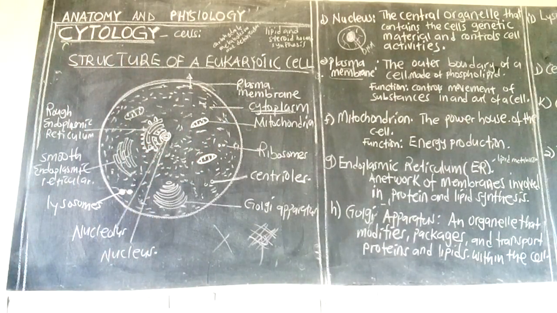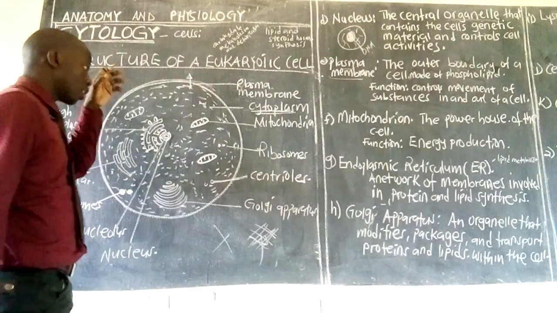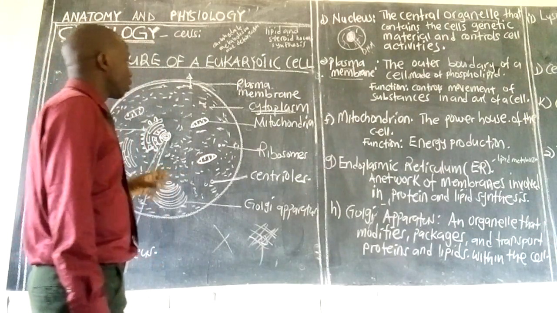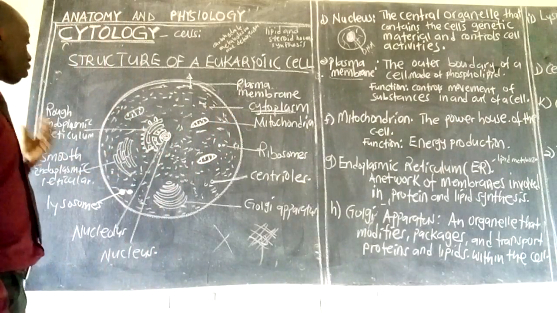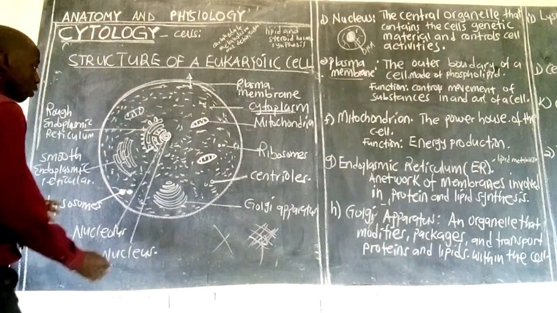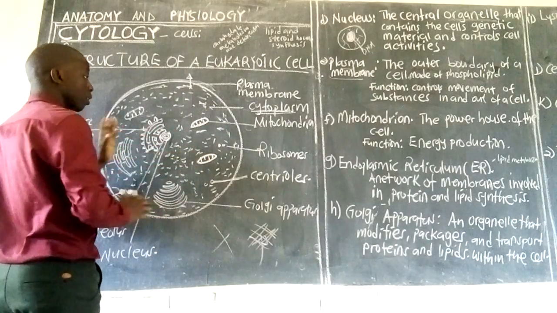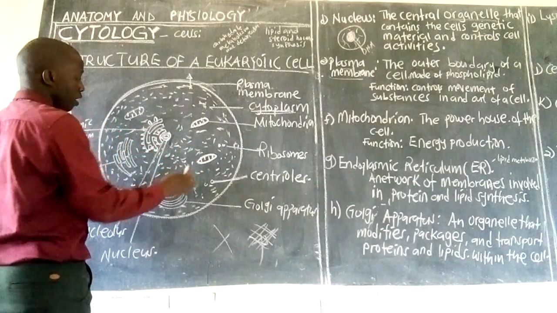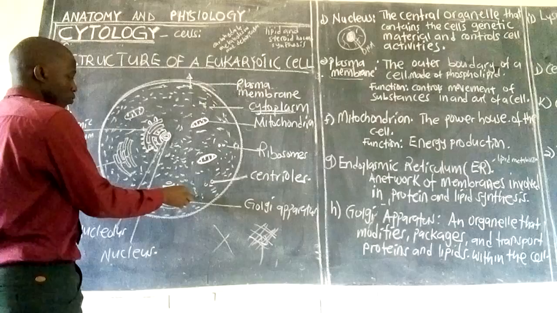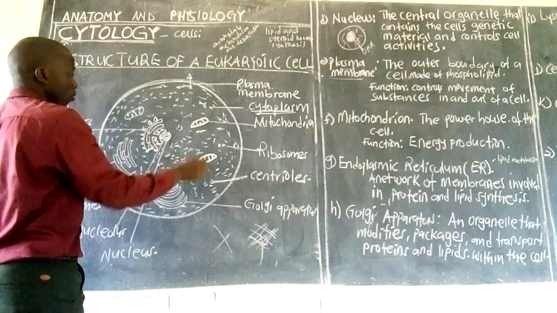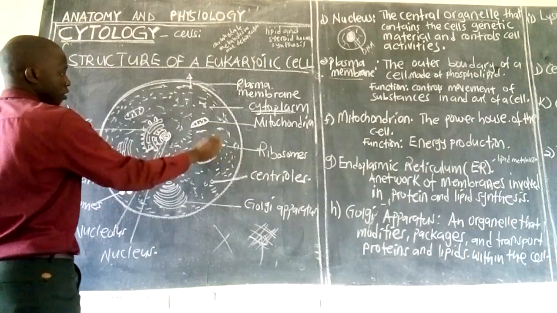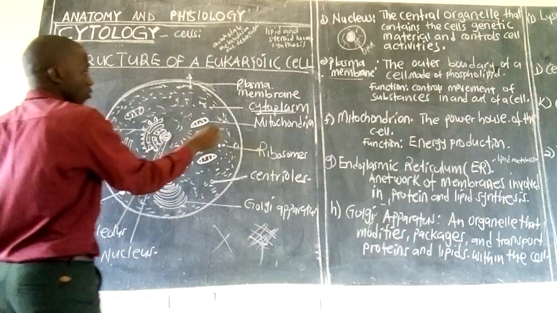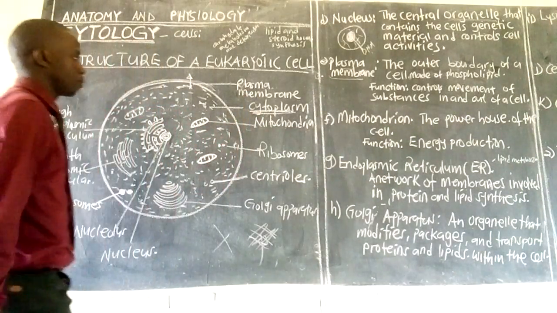And it is a point of chemical reaction in the cell. Its function, one, it provides movement of materials within the cell, or of the organelles within the cell. The mitochondria can keep moving because of this fluid. So this fluid within the cell is what we call the cytoplasm.